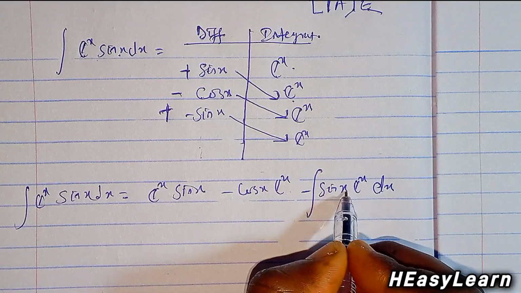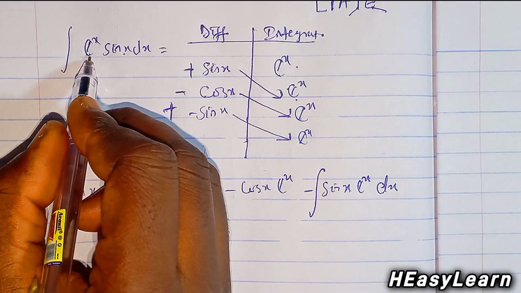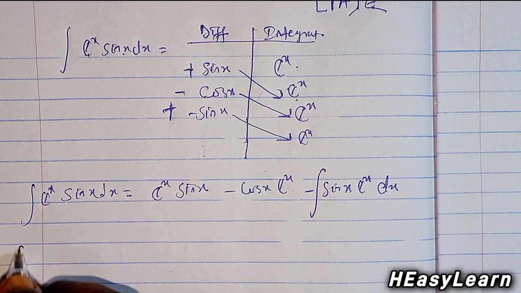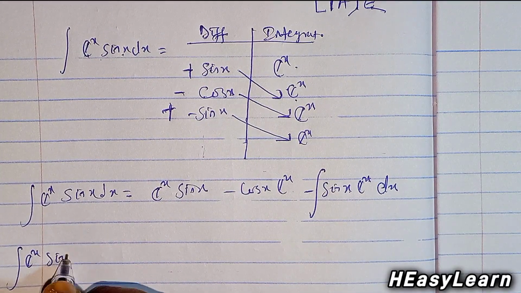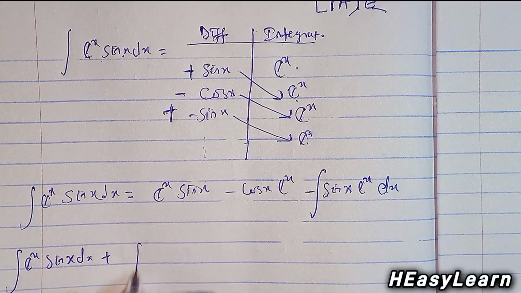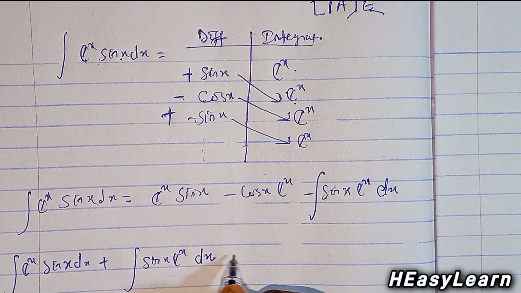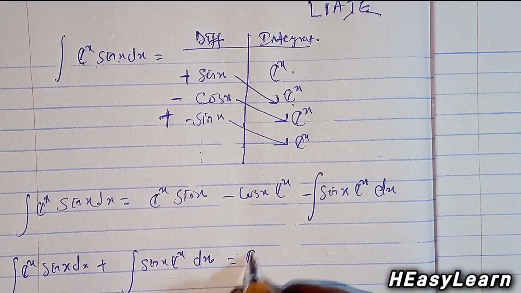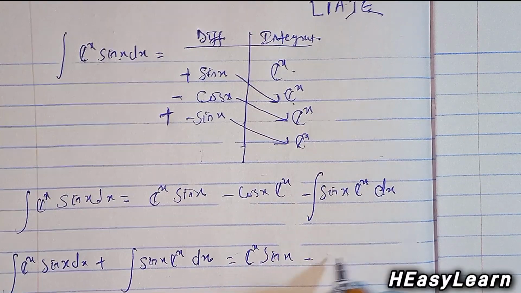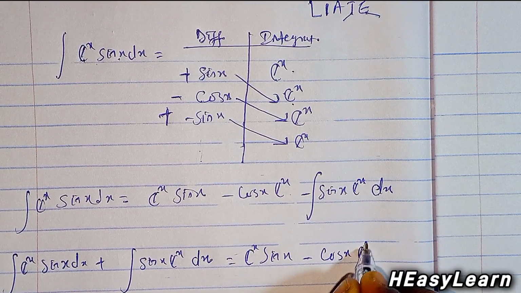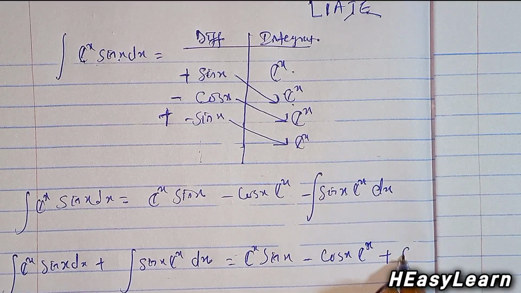Can we see that sine x exponential x is of the form of the question? So we are going to take it to the other side, plus the integral of sine x exponential x dx is equal to exponential x sine x minus cos x exponential x plus c.